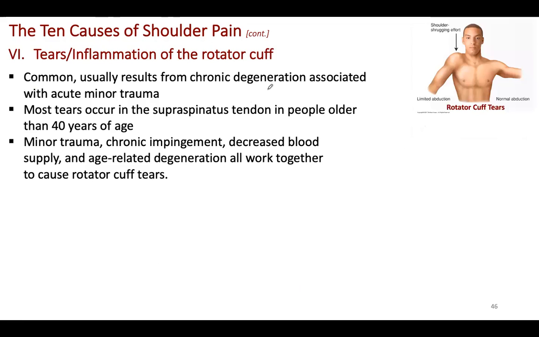It usually results from chronic degeneration associated with acute minor trauma or chronic overuse. Like I remember back in Egypt, more than 10 years ago, I used to work with a very eminent, famous head and neck surgeon and ear, nose, and throat surgeon who used to do microlaryngosurgery using the microscope to treat vocal cord polyps, etc. So he spent hours doing these surgeries, shrugging his shoulder like this and manipulating the delicate instruments, trying to navigate his way through the patient's vocal cords.